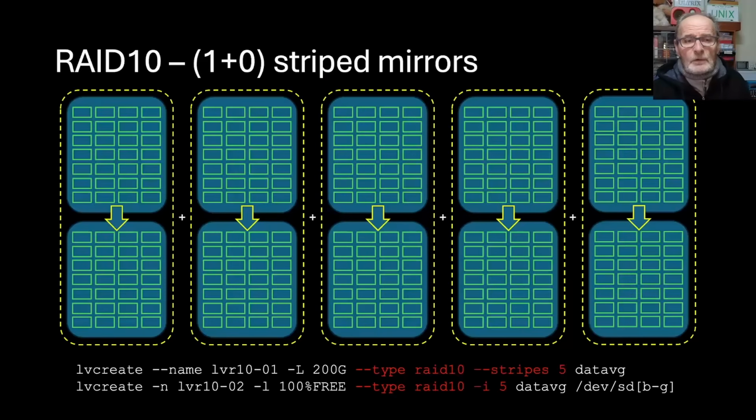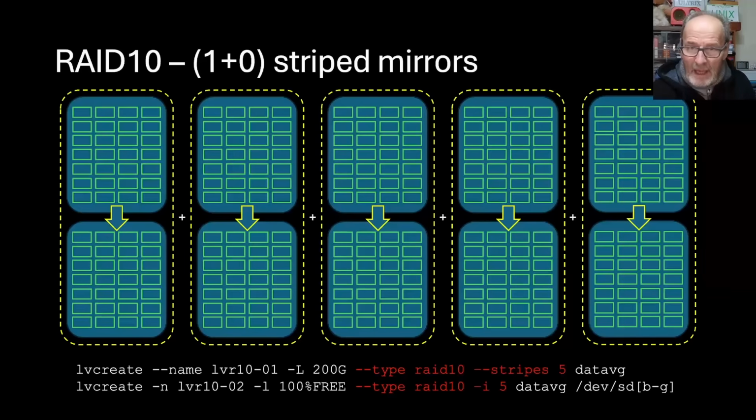So what we can do now is use what we've just created. We can create RAID 10 volumes. And what we want to do with RAID 10 volumes, it's really 1 plus 0, is create a number of striped mirrors. It's very important to differentiate. Now, fortunately, I've got a diagram because it's a little bit confusing.